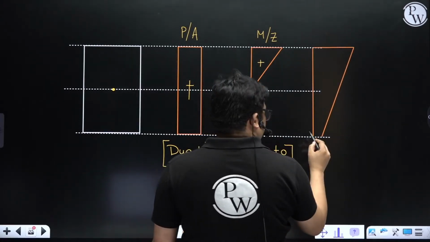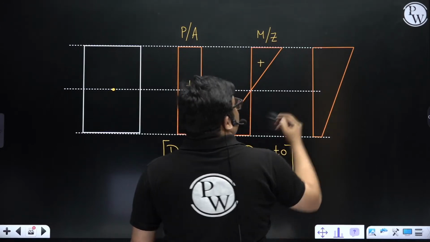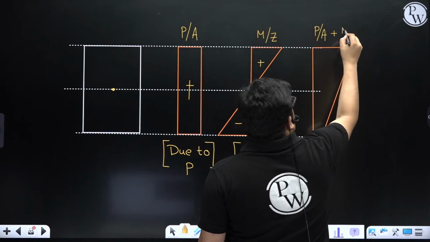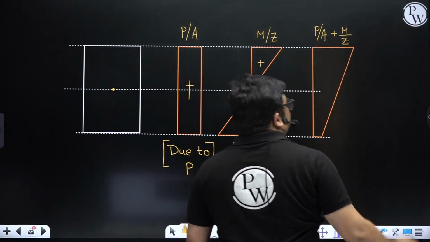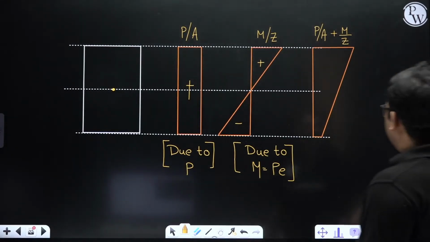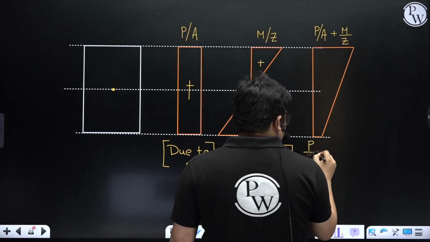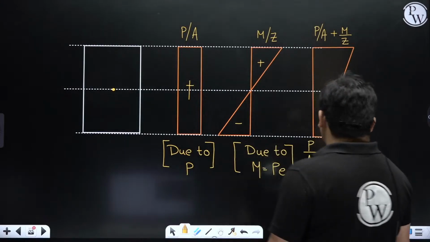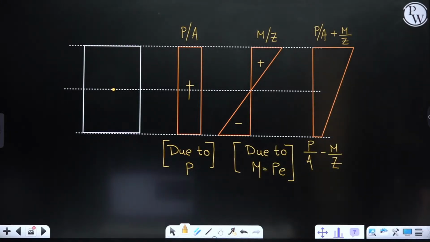And this will be P by A plus M by Z on one side. And on the other side I will get P by A minus M by Z.